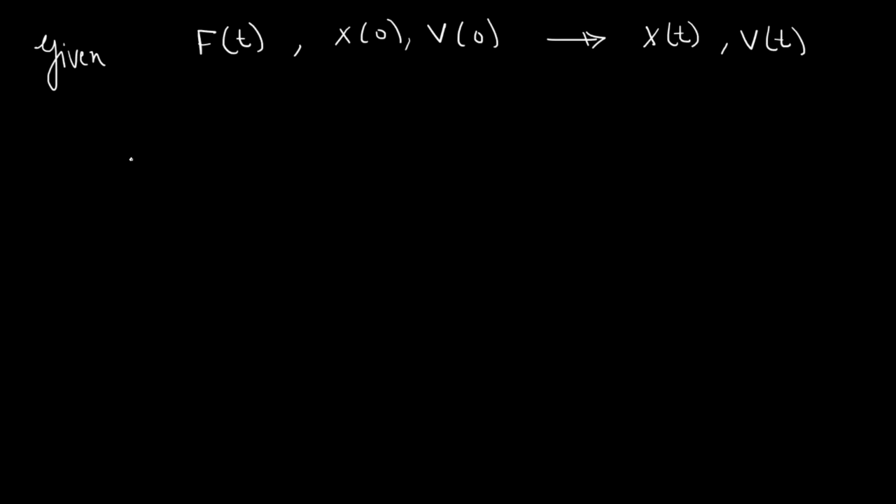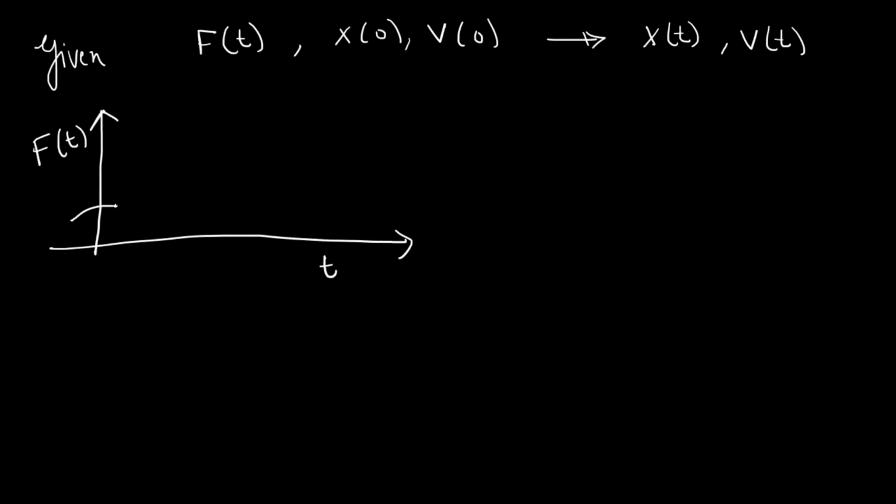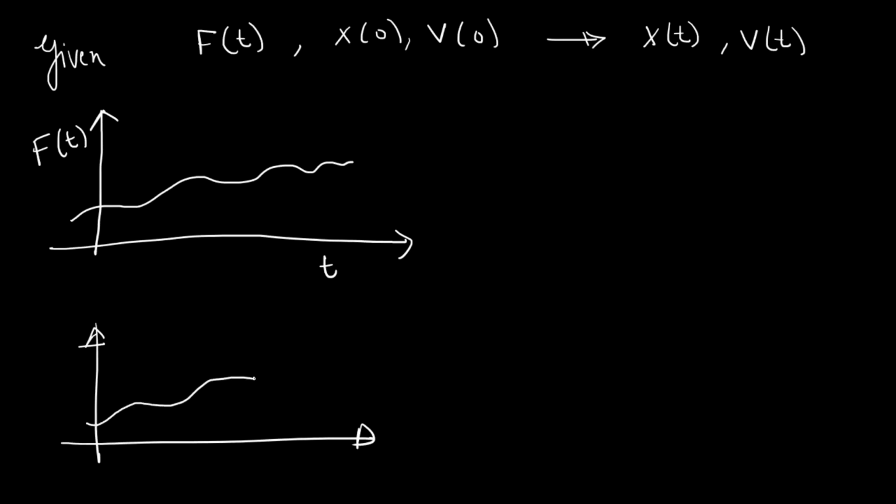Newton's laws give the following solution, which I shall now represent graphically. You do know the force as a function of time, and it's like this. Then immediately Newton's laws tell us that, for the particle, force is equal to mass into acceleration at every instant of time. So what I have here is acceleration as a function of time.